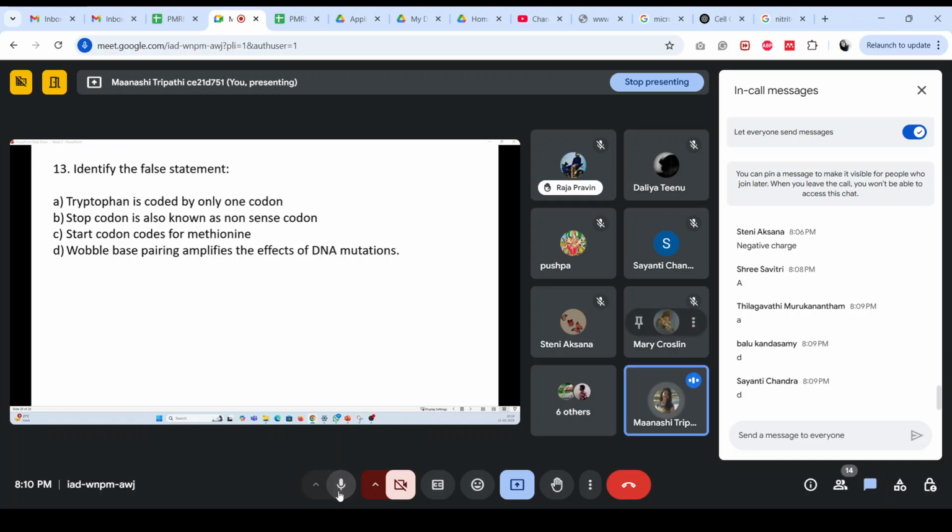Give it a try. Just write down in the chat box, no problem. Even if you're wrong, no problem.